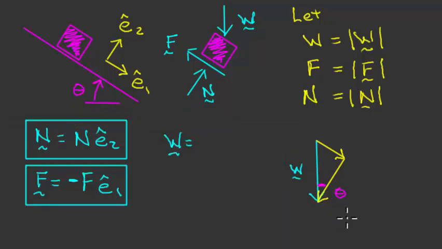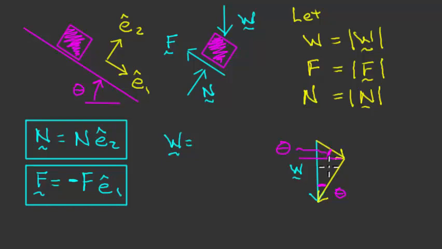Okay, that's what we get with our eyeballs. Now you might want to verify this rigorously, and it's really not too hard. What you can do is draw a horizontal line right there. So here's the horizontal, here's that e hat 1 direction. Therefore this angle right here has to be theta.